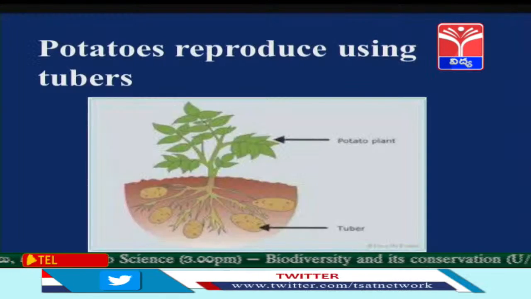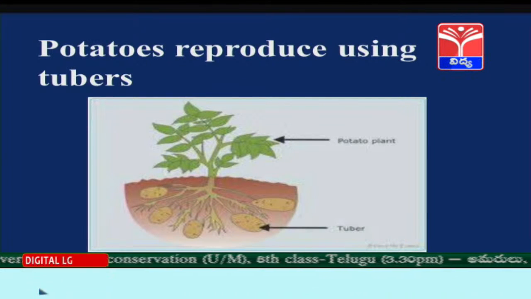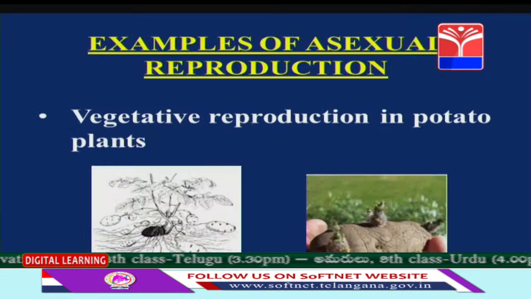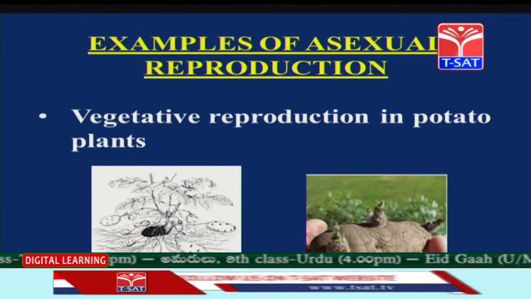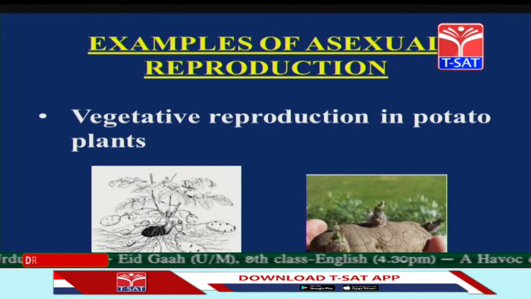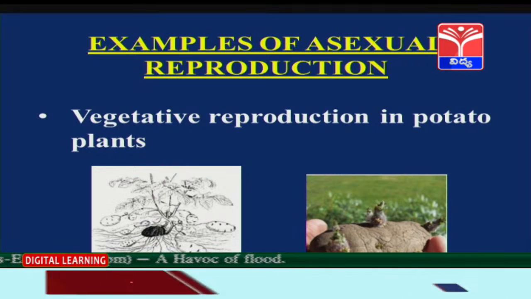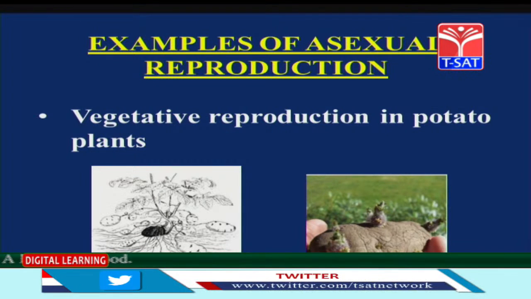See here, potatoes. How do potatoes reproduce? They reproduce by using tubers. Have you seen potatoes which sometimes have white colored, sprout-like structures coming out? Those structures are called eyes.